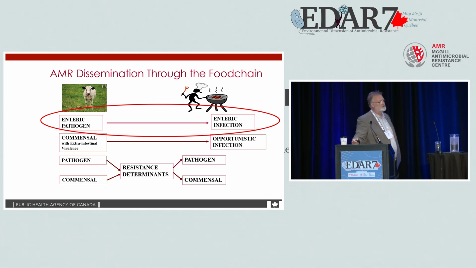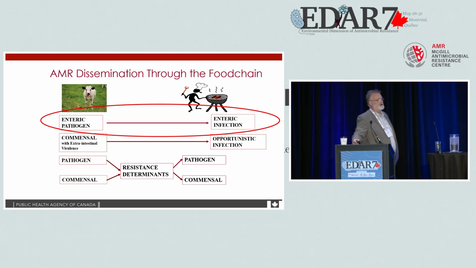Again, at the start, we're trying to deal with what, from a modeling point of view, is kind of the low-hanging fruit in theory, which is the antimicrobial-resistant enteric pathogen going on to cause an enteric infection.